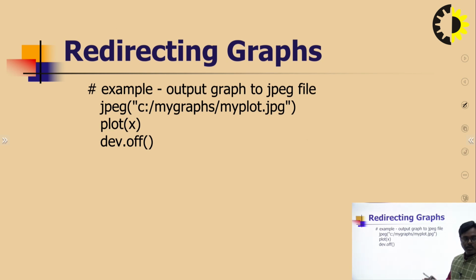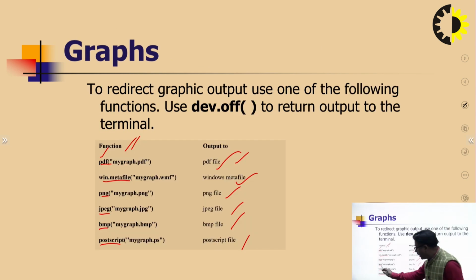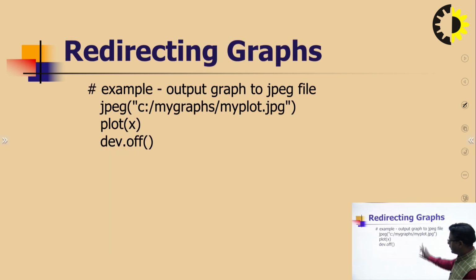Suppose I want to include a JPEG file. As shown here, jpeg is a function name which includes a JPEG type, Joint Photographic Experts Group type, file in your graph. How can it be called? This is an example of how it can be called.